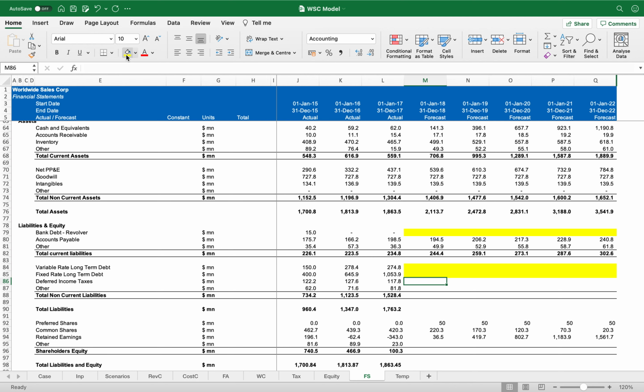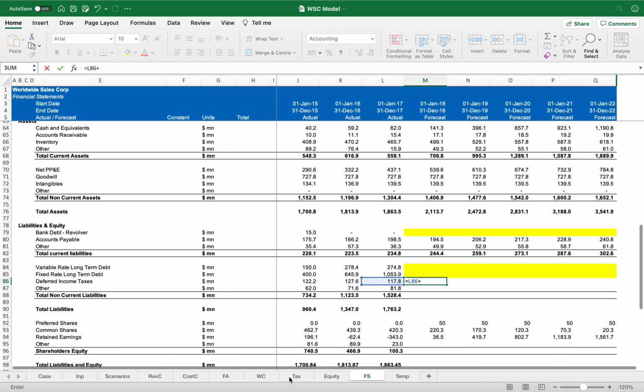Now, since we are talking about the balance sheet, and the balance sheet is going to have the balances, right? So what should I link in the deferred income taxes? So the deferred income taxes would be whatever was the opening balance, whatever was the balance at the end of the previous year, plus whatever is my new deferred taxes.